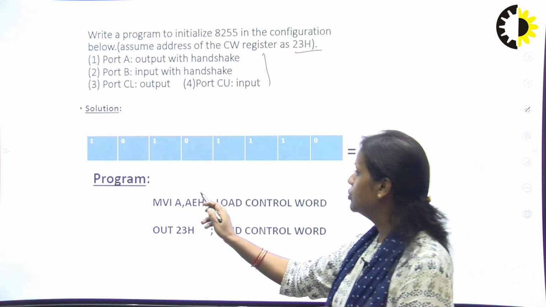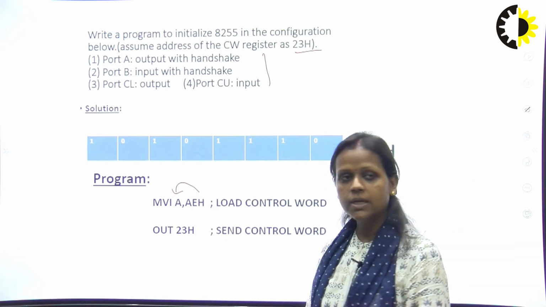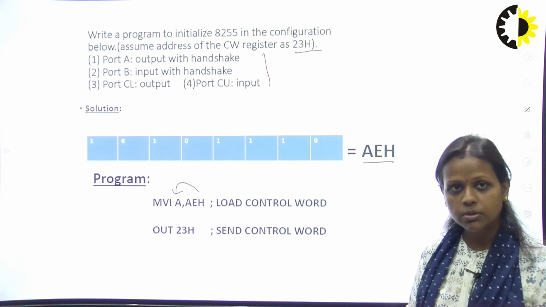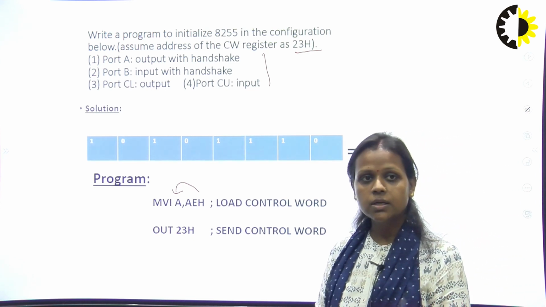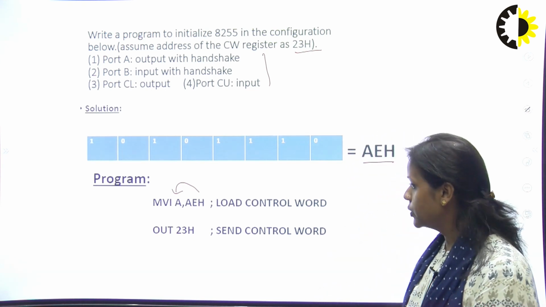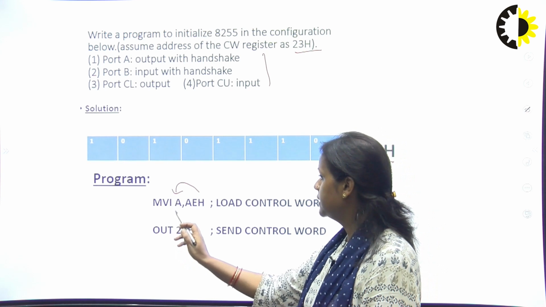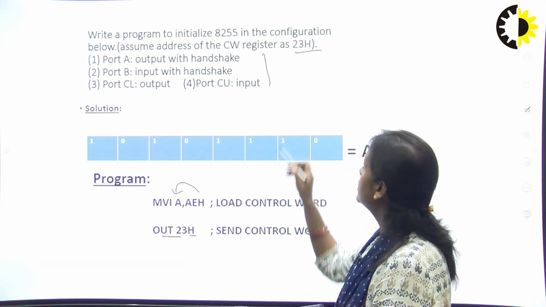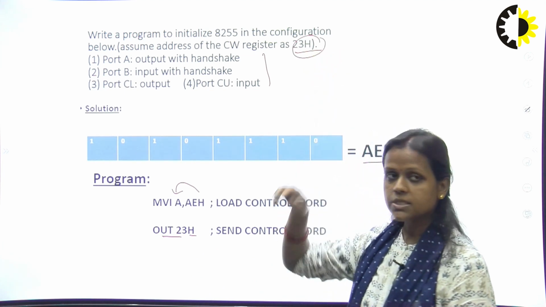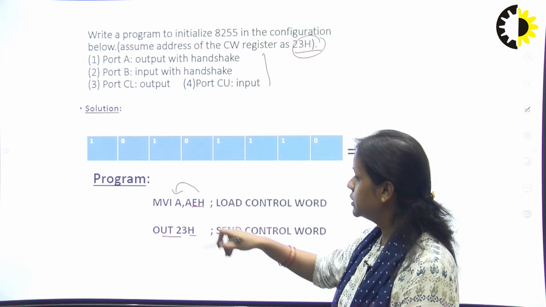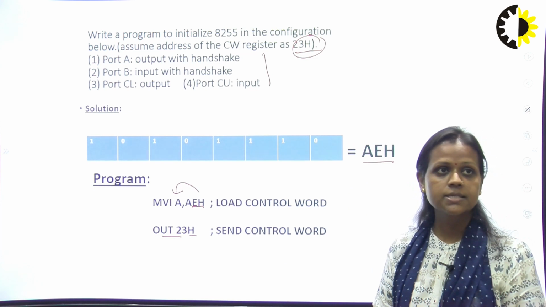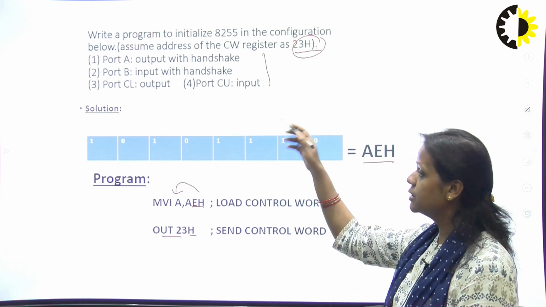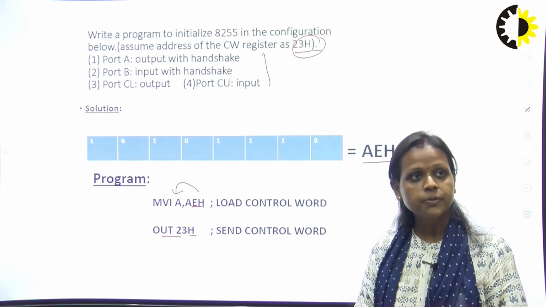Again we will move this AEH to the accumulator, and we know that only through the accumulator can we transfer data to the output port. So we can send this data with OUT 23H, where 23H is the address of the control word register. It means we are sending this control word to the control word register to initialize the 8255 to work in this particular mode.